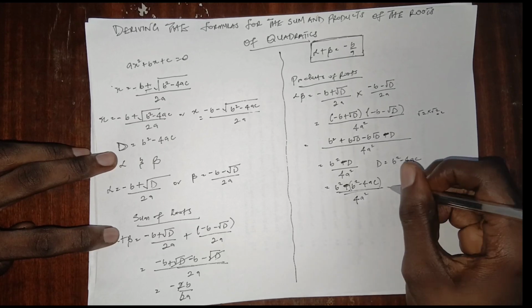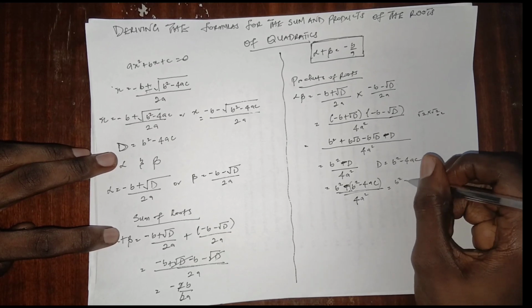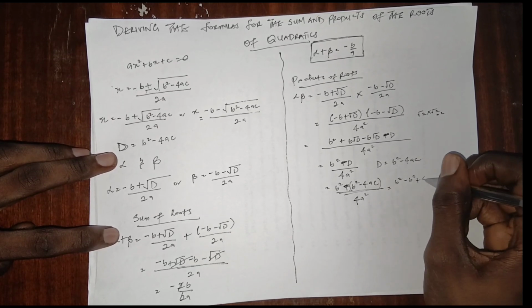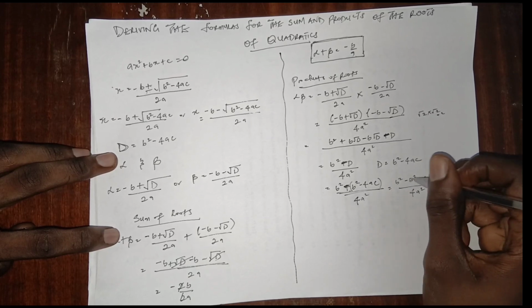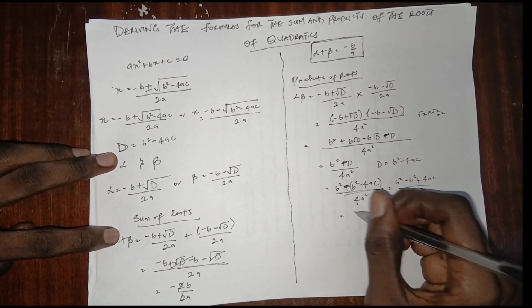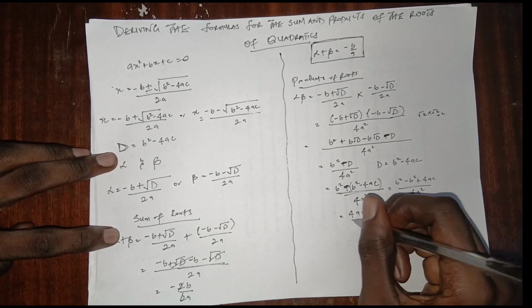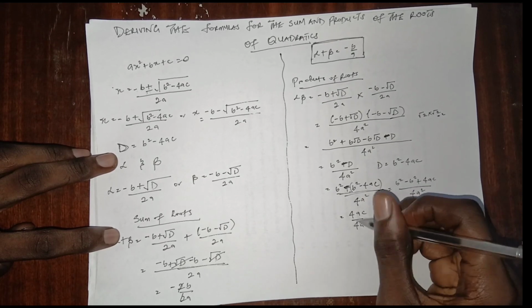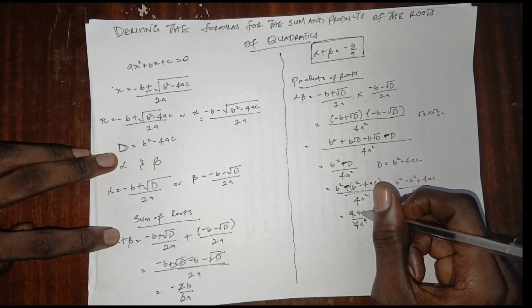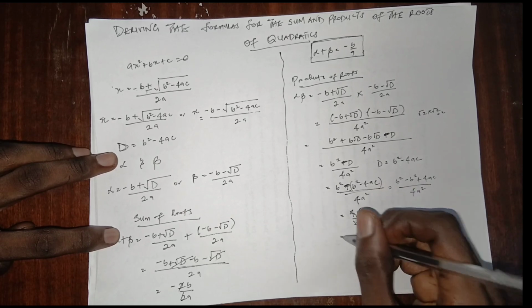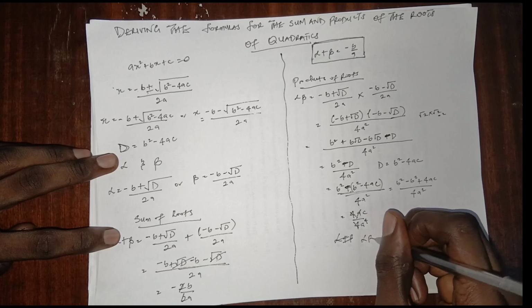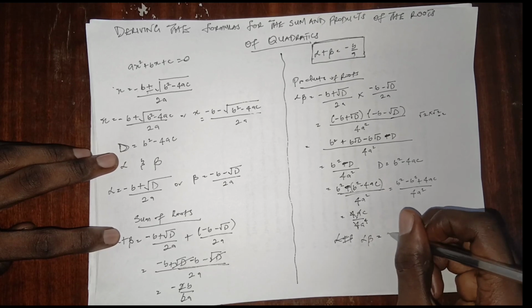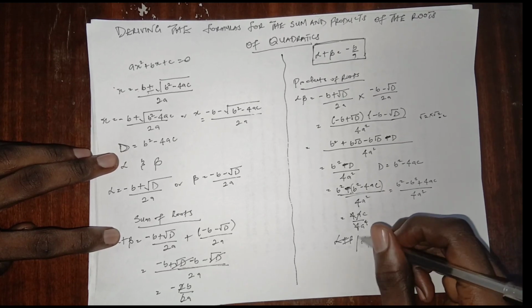So you have b squared minus b squared plus 4ac. The b squared terms cancel, leaving us 4ac over 4a squared. The 4 cancels 4, and one a cancels, so alpha beta is equal to c over a.